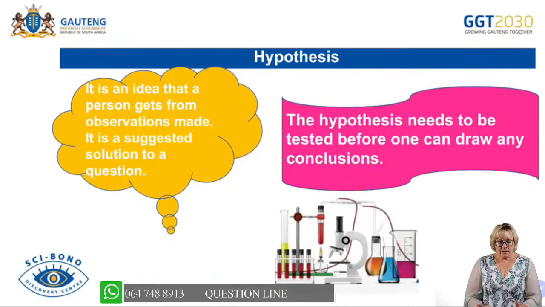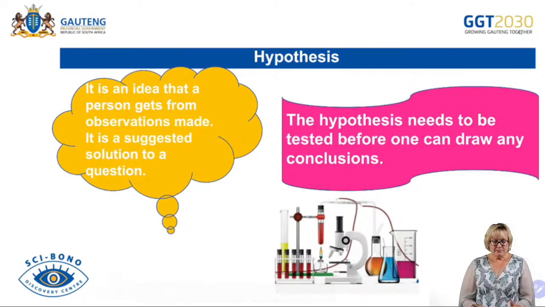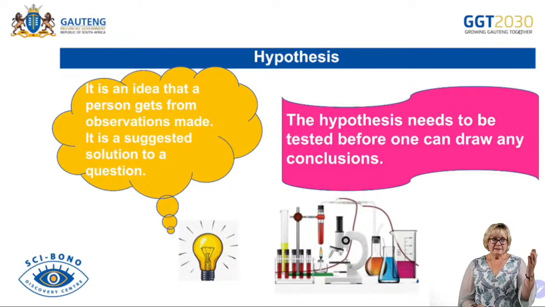Furthermore, a hypothesis is an idea that a person gets from observations made. So it's something that somebody has seen. It is a suggested solution to a question. So you've seen something, you've put a question, we call it an investigative question, and then you basically give a possible answer for that question, and that is a hypothesis.